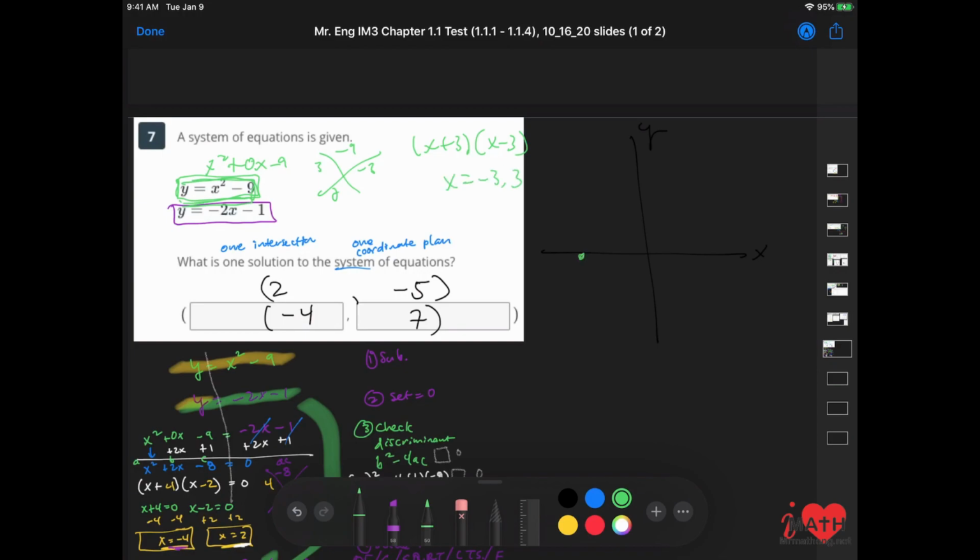So the graph crosses here at 3 and negative 3, and then it has a y-intercept of negative 9. So this green graph looks like that. Let's do that with a pencil. It's a little bit lighter.